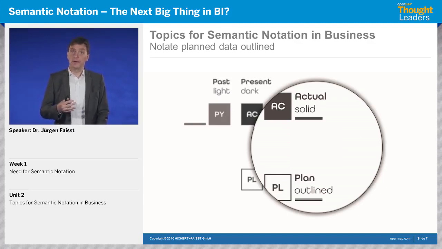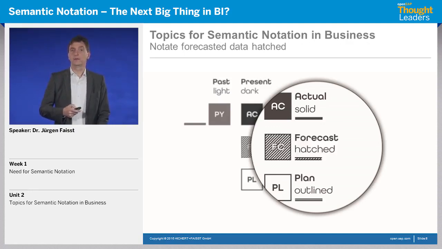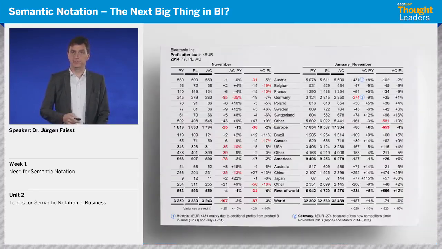And consequently, something in between, like forecast, is shown in a hatched way. So it's in between. Better than plan, nearer to actual, but not actual yet. So hatched.